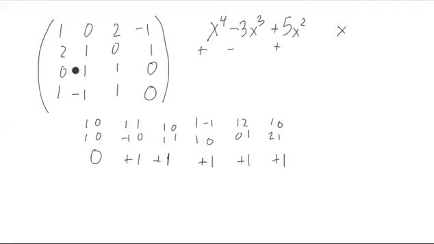So minus the determinant we have going on here, which ends up being a negative 4, so a positive 4. And then this one right here is in a positive position times the determinant, that gives us positive 1, so plus 1. So this location gives me 5.